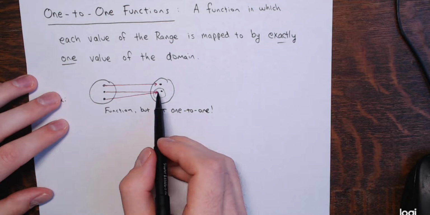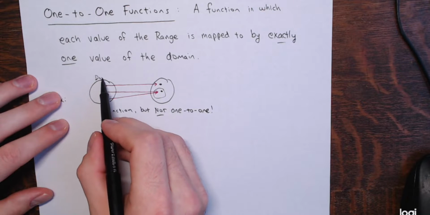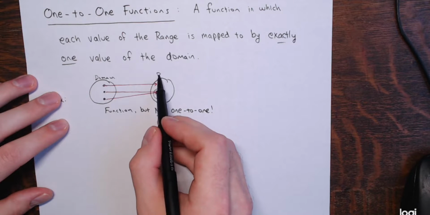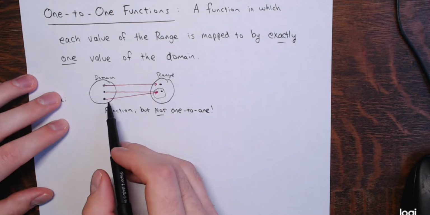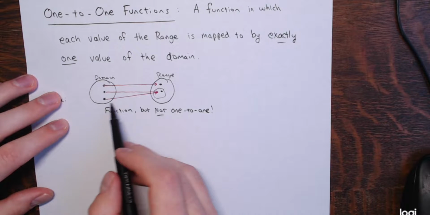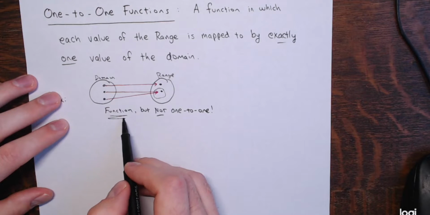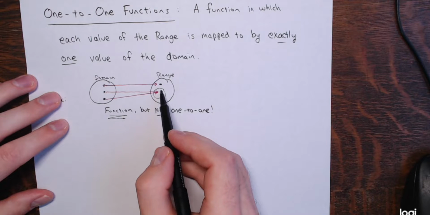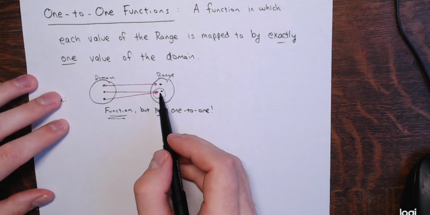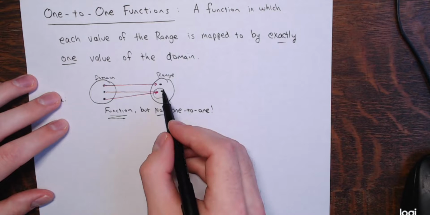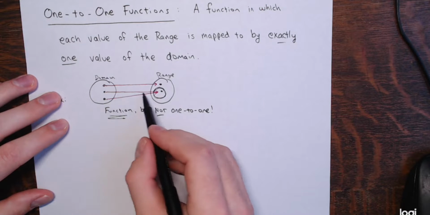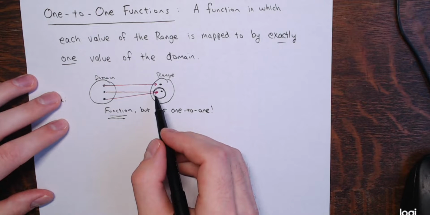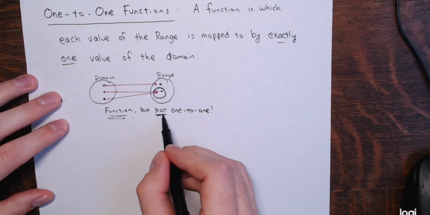See, alright, so this is again domain and range, inputs and outputs. See, every input goes to one output, so it's a function, but not every output has just one input going to it, right? This output here has 2 inputs, more than one input going to it, so it's not one-to-one.